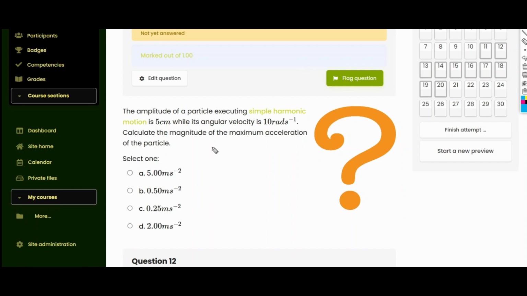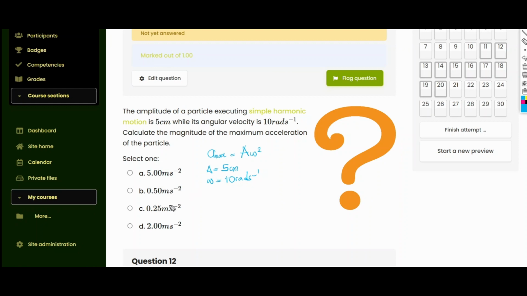Now, we are already familiar with the relationship that gives the maximum acceleration as the amplitude times the square of the angular frequency. So the amplitude has been given as 5 centimeters, while its angular velocity is 10 rad/s.